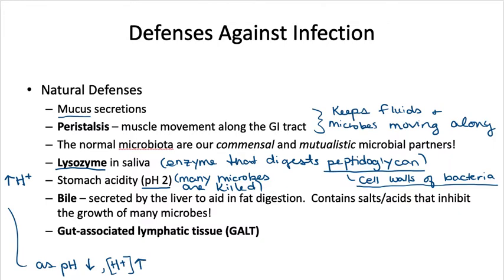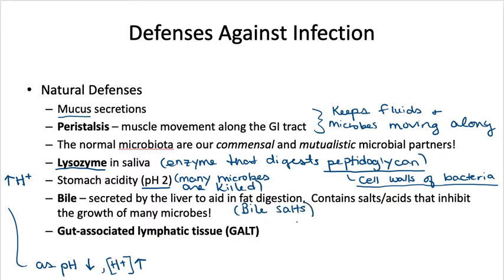All right, when the food from the stomach goes into the small intestine, bile is secreted into the small intestine from the liver, or from the gallbladder, in fact, which stores the bile. Bile itself, or bile salts, have an antimicrobial property.